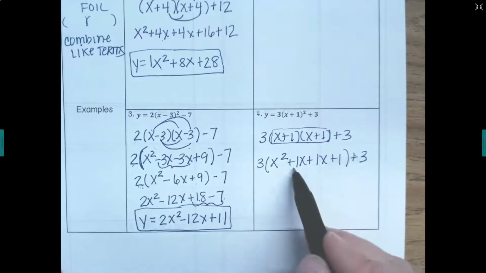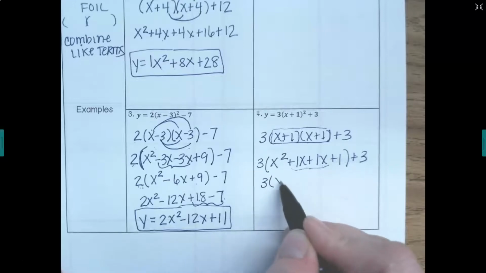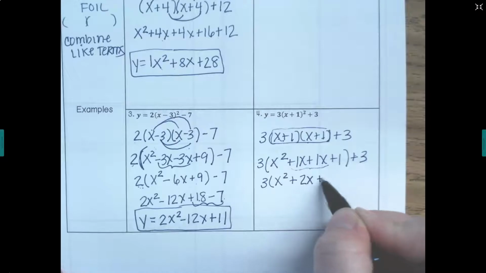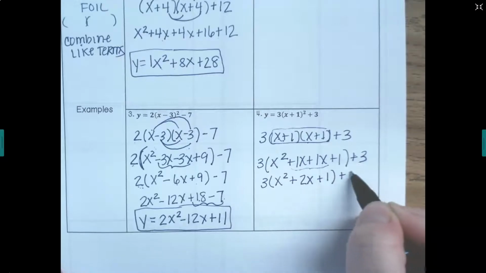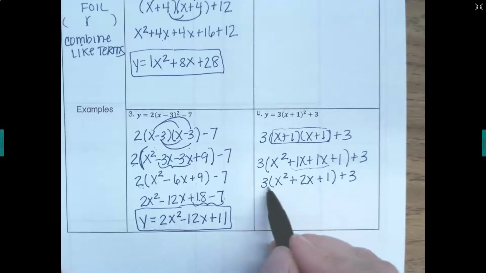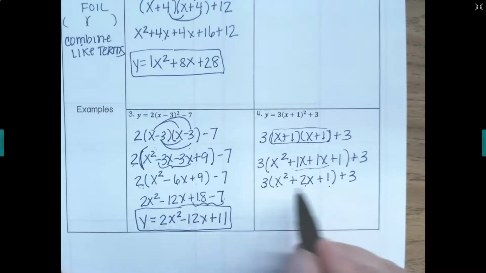Within the parenthesis, there's some like terms, so I'm going to go ahead and simplify. 3, then I have x squared plus 2x plus 1 plus 3. So now I'm just using my order of operations. I've got to take care of my multiplication. So this 3 is going to be distributed to all 3 terms inside the parenthesis.